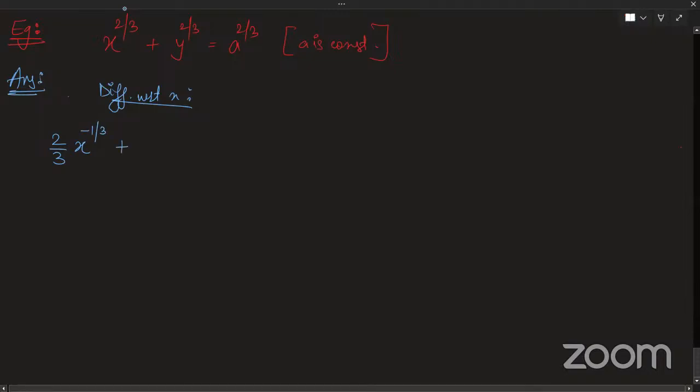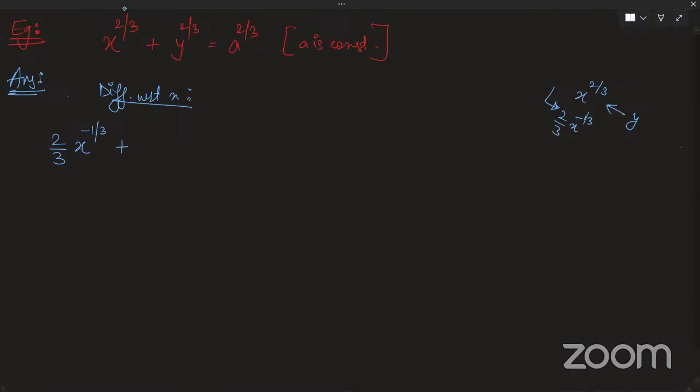How will you differentiate y raised to 2 by 3? Inside x raised to 2 by 3, y has been put, right? So yeah, chain rule, basic chain rule. So you differentiate this thing, you get 2 by 3 into x raised to minus 1 by 3. In place of that, what will be the first term that I write?